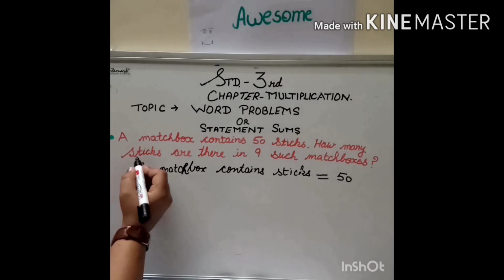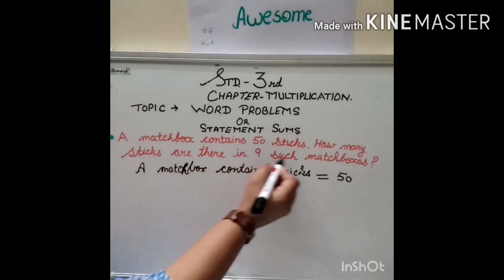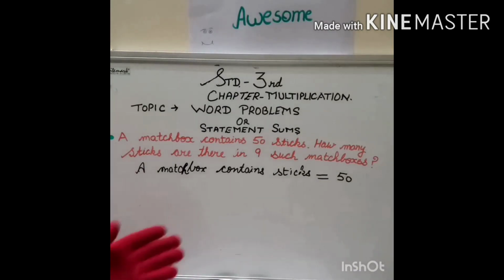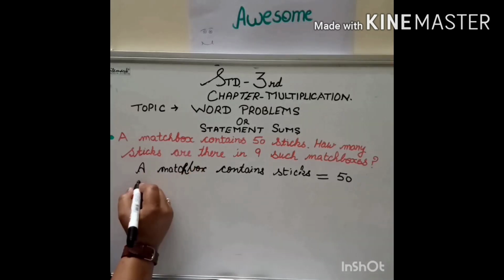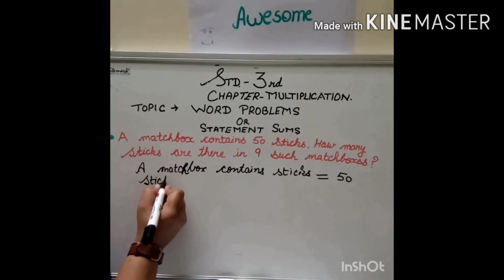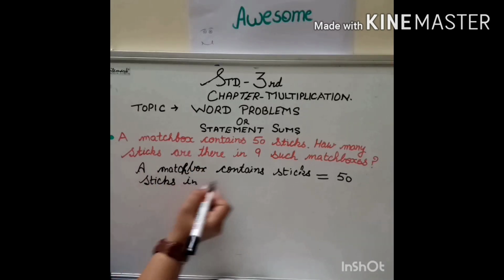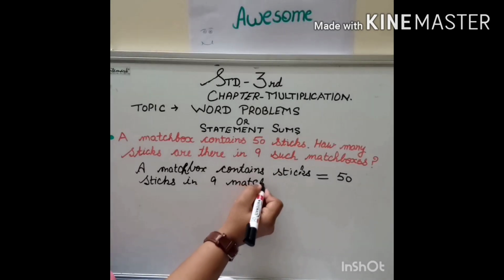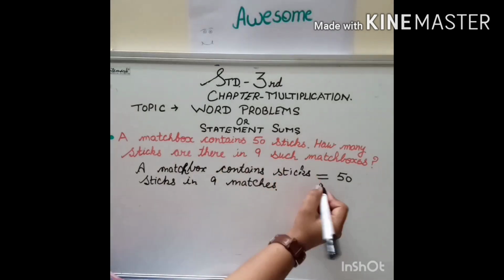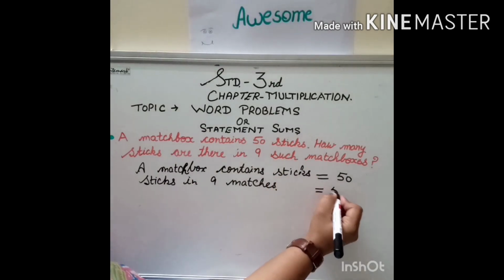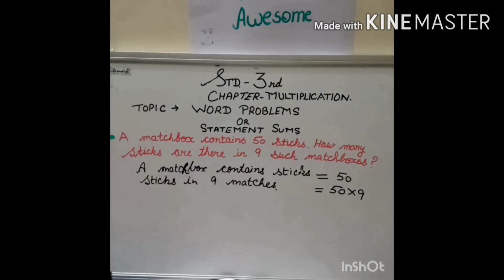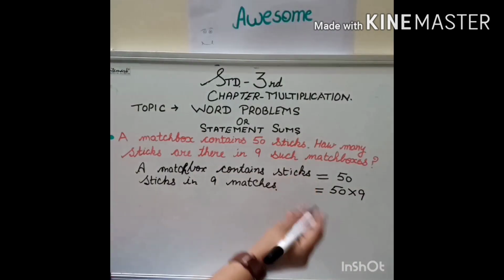If you write as it is, sticks are there in 9 such boxes, then also it's okay. Otherwise, children, you are in 3rd standard now. You should know how to mold the statement. You can write sticks in 9 matchboxes. That is, we know this is a question of multiplication, so 50 multiplied by 9. This is one way of writing the statement, children.